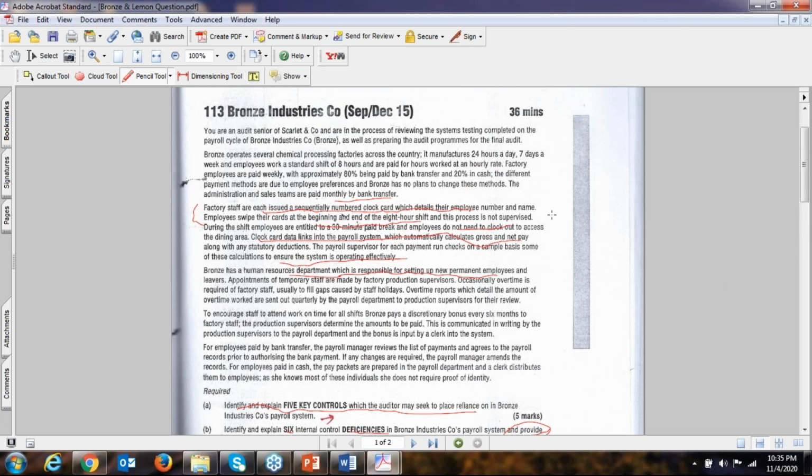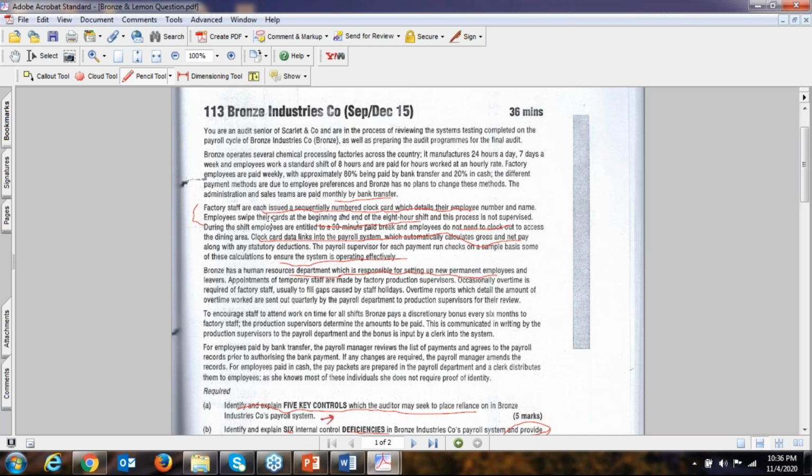So here we highlight one deficiency: employees swipe their cards at the beginning and end of the 8-hour shift. This is a control. Further, this process is not supervised.